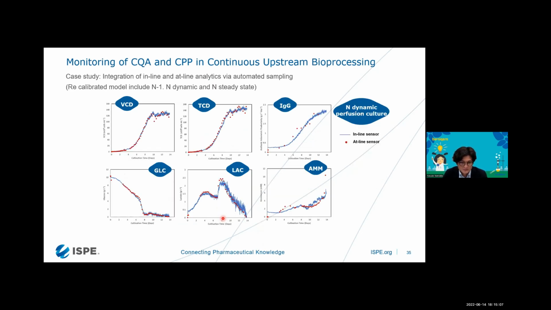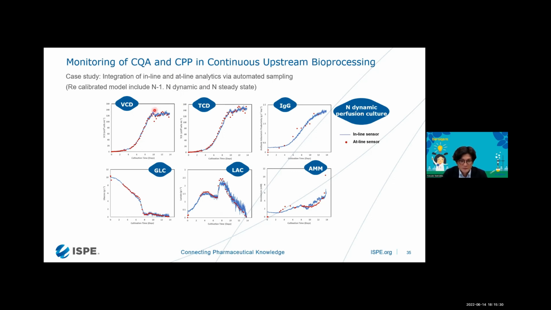This slide shows the result of our latest study. In this study, we used chemometric modeling derived from all perfusion runs, including N-1 perfusion, N-dynamic perfusion, and N-steady state perfusion.